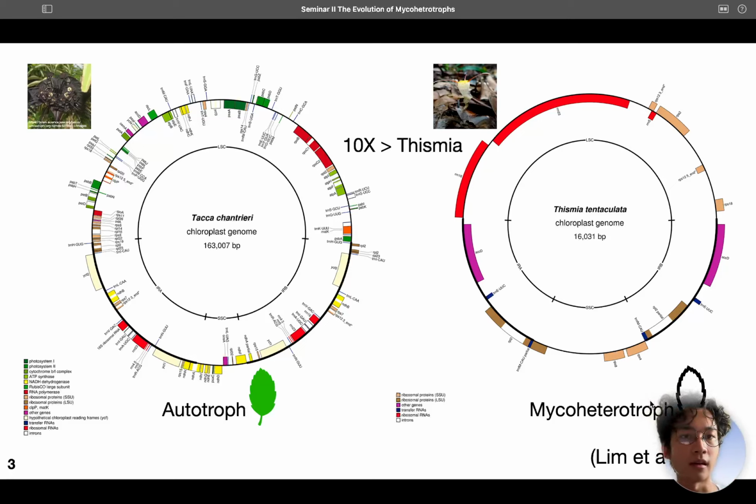So you can see that Tisme has a lot fewer colors. That means there are a lot fewer gene contents compared to its autotrophic counterpart. Also, the size is a lot smaller for Tisme.